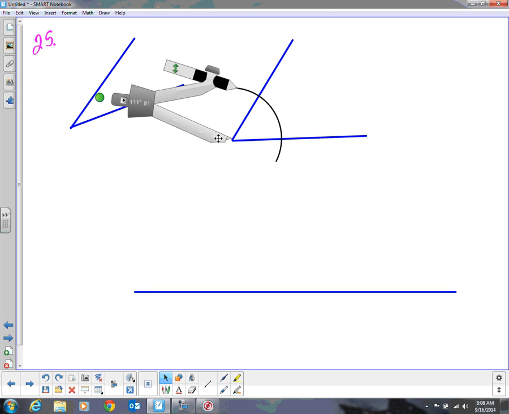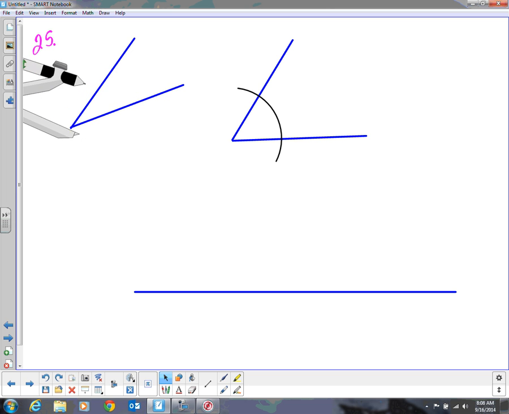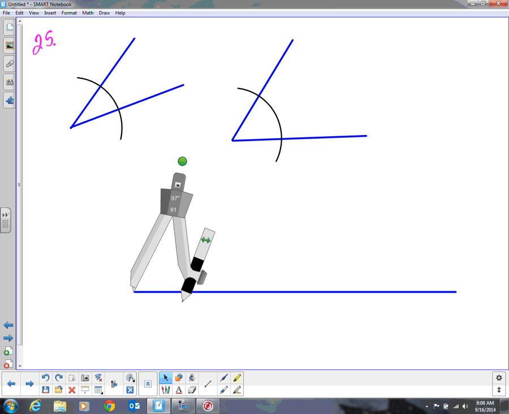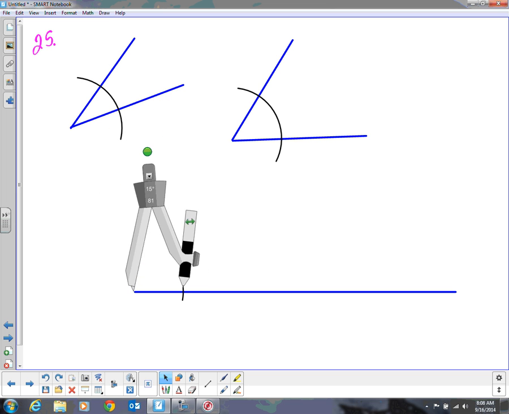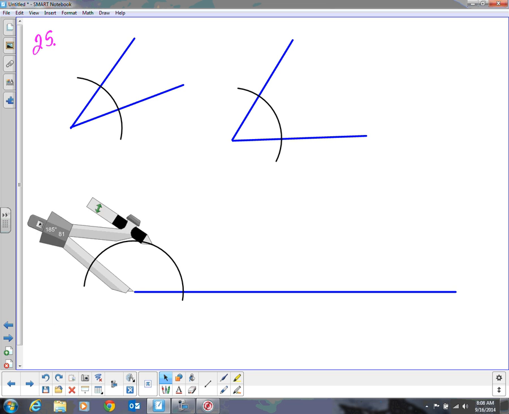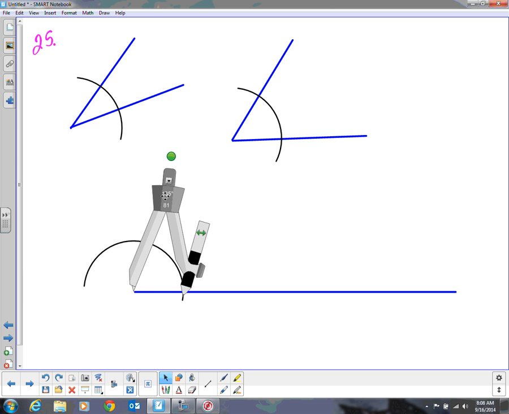Okay, so without changing the opening, we're going to go to this vertex, and we're going to make the same arc. Without changing the opening, we're going to go down here because that is our new vertex, and we're going to do a semicircle.